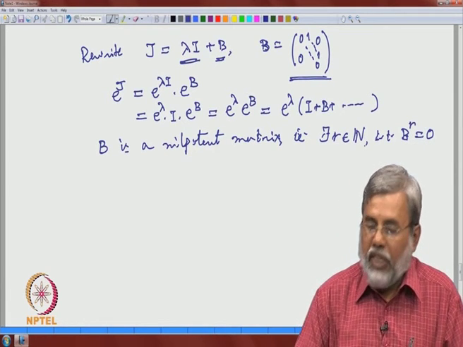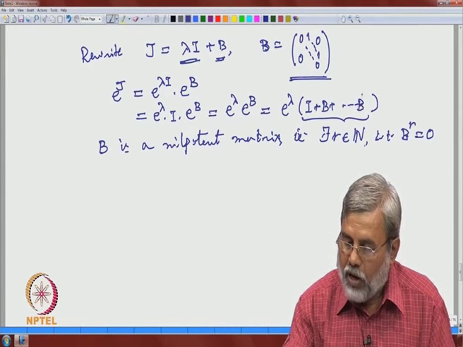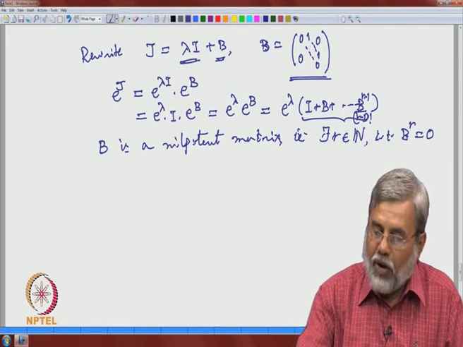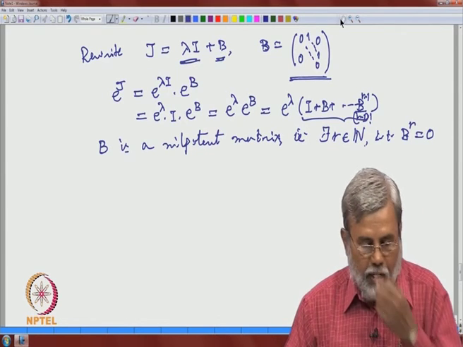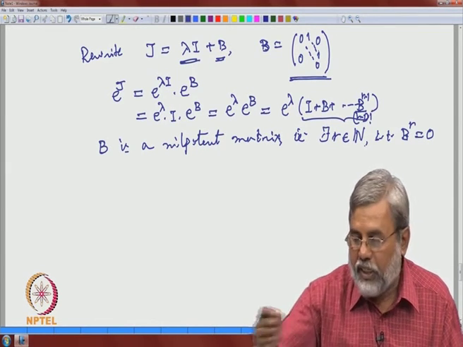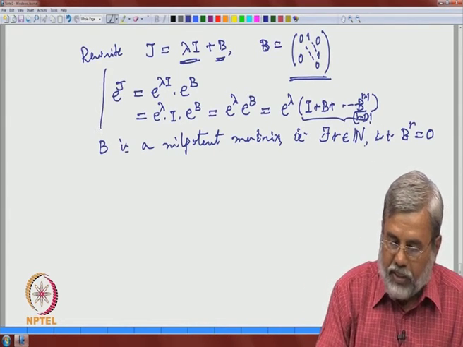Okay. So, this is a finite sum. So, it only goes up to B^(r minus 1) by (r minus 1) factorial, and it is very easy to compute even the powers. So, the diagonal containing ones will be just shifted above and above. So, it is very easy to compute. And we have this thing.